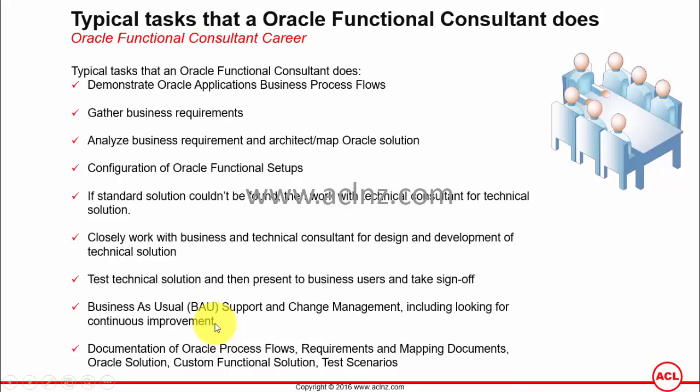So even after an Oracle project has gone live, there could be areas which could be discovered which require further improvement. So after a project goes live, usually companies will have a way to measure the success of the project, and a way to measure how the new process implemented is working according to objectives or not.